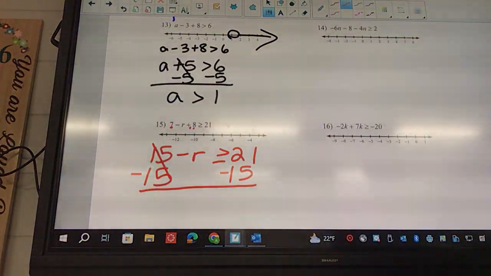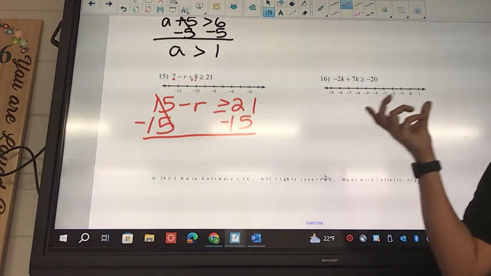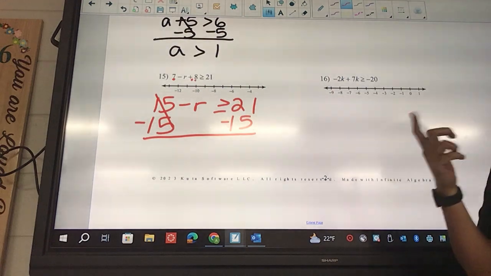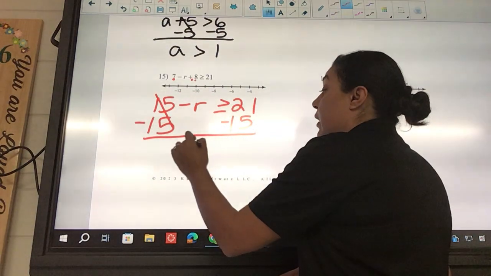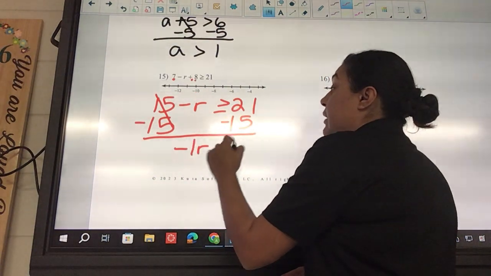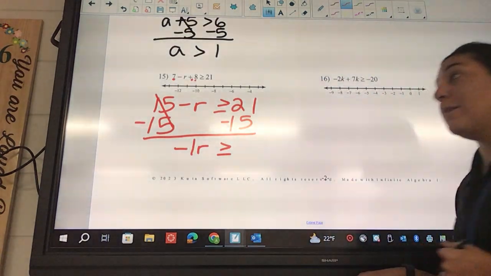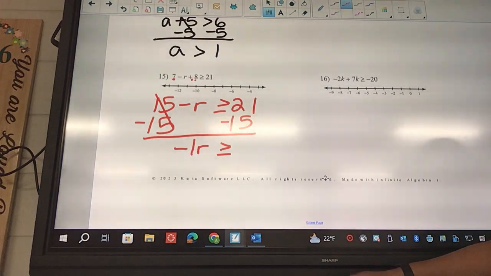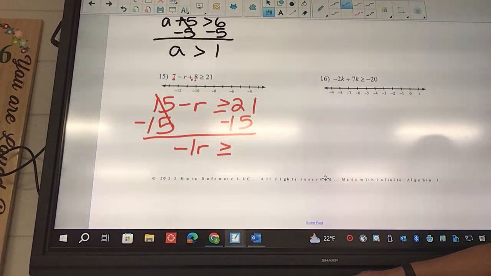Okay, here's where some of you guys are going to mess up. You're going to write down R, and it's not R. What is it? Negative what? Negative 1 or a negative R, okay? And because that adds an extra step, okay? What is 21 minus 15? 6.